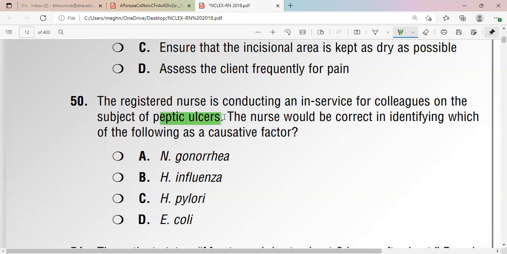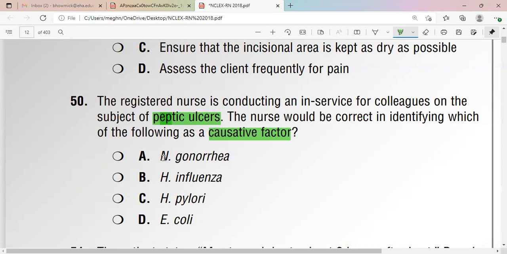The nurse would be correct in identifying which of the following is the causative organism or factor for peptic ulcer, right? Peptic ulcer is sometimes caused by stress, but one organism can cause peptic ulcer.